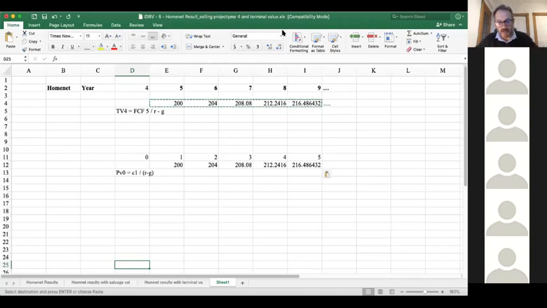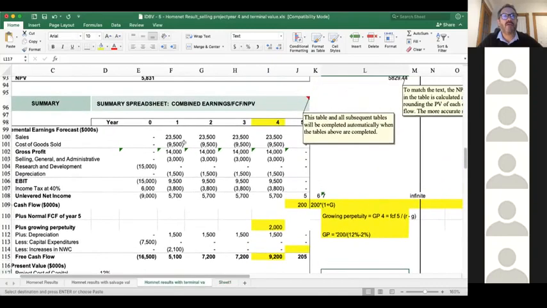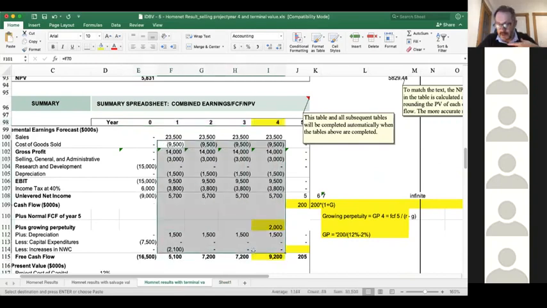We say that in our project, for example, we have the 4 years during which we have something precisely calculated. But then we say that in year 5 and after year 5, there is still a value that we have to take into account, but we cannot calculate that precisely because it's far in time. So maybe some things will happen in between, so we don't know.